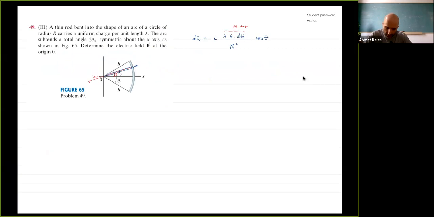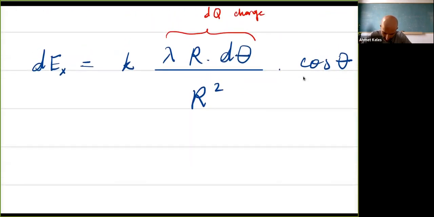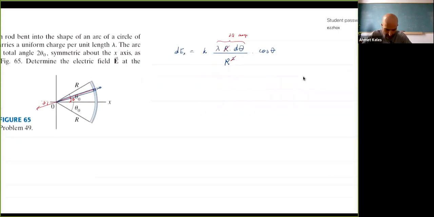Okay. So how do we take this integral? Yes, right? We can take this integral, right? First, let's clean this up. R cancels, and all of these guys, k, lambda, these are constants. They don't depend on the integration variable.